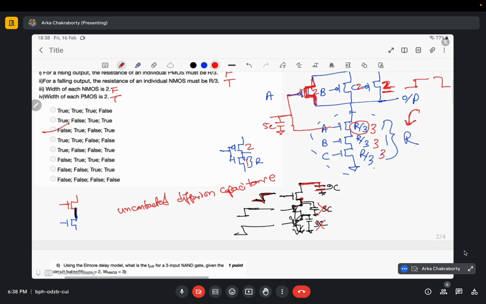So that other capacitances don't come into the picture and they get discharged initially, and the critically timed input is connected close to the output. It is something I wanted to tell you. You can keep that in mind during circuit design. These are some small things that are interesting to know about. That's why I'm telling you about this.